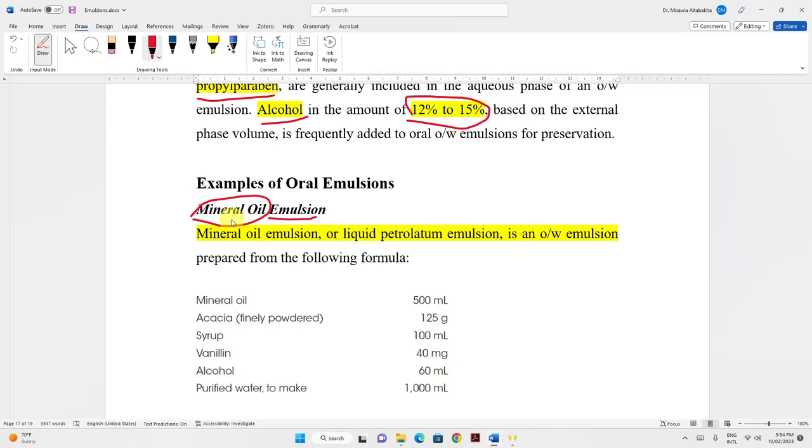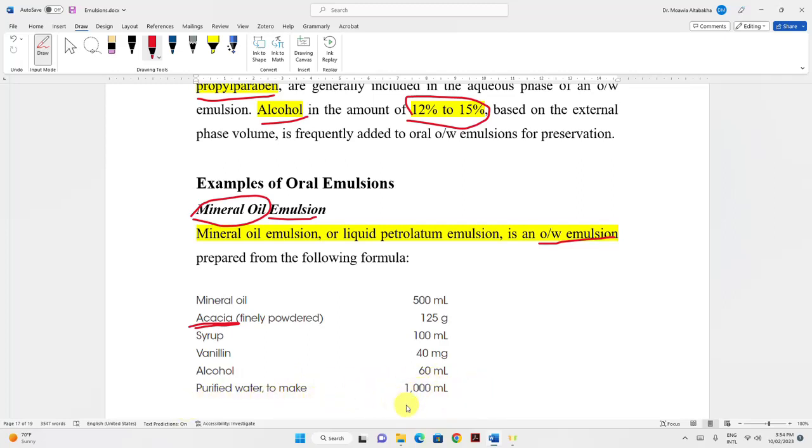The taste will be okay. So this kind of emulsion is an oil and water emulsion. See, I'm using acacia. Acacia will always give you an oil and water emulsion. See, mineral oil 500, acacia 125, syrup 100, vanilla 40, alcohol 60, purified water to make up to 1000 ml.